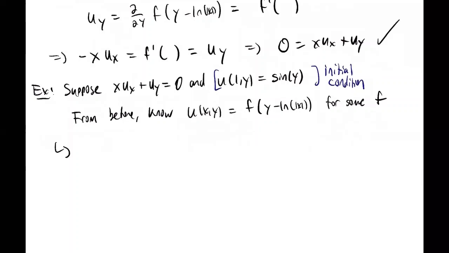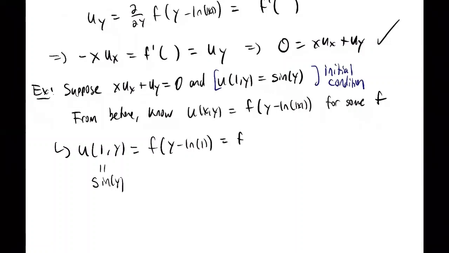So if I plug in 1 for x and let y be arbitrary, this has to equal sine of y. But if I use the formula we derived, it also has to equal this function f applied to y minus natural log of 1. Remember that the natural log of 1 is 0, so this is just f of y. And so this tells me that f of y has to equal sine of y.